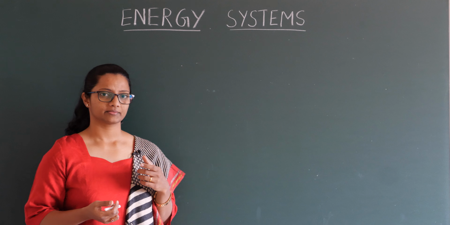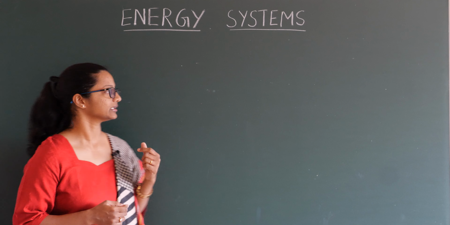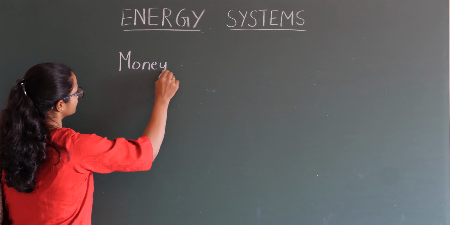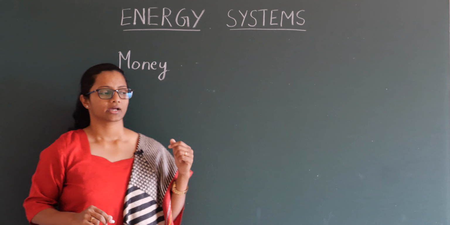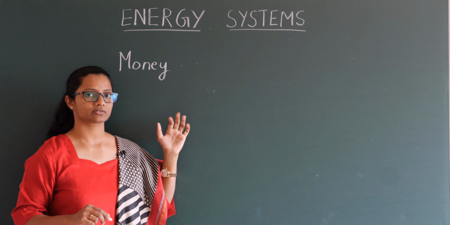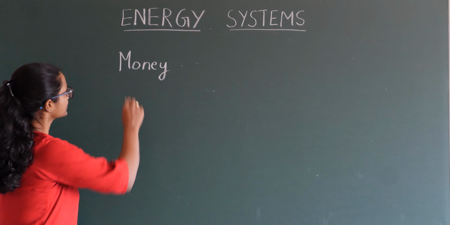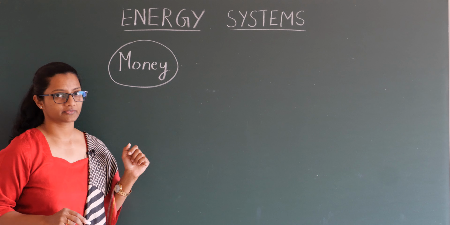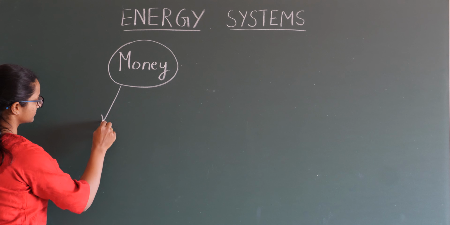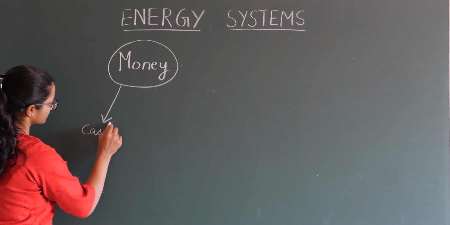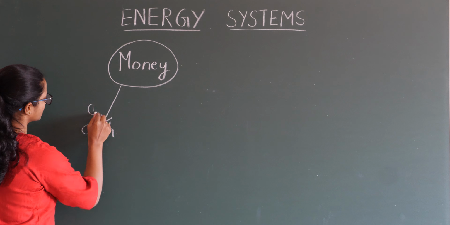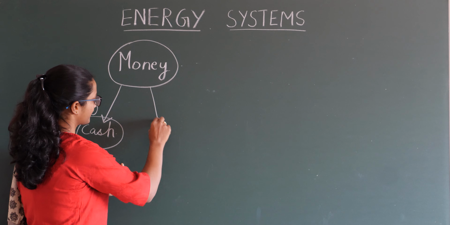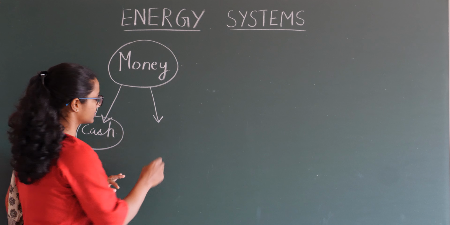Now consider a man. This man has money. And he has different forms of his money. Like he has it in the form of cash. He has it in the form of a savings account.